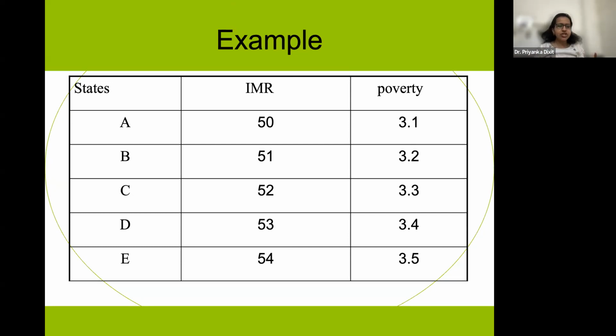It can be anything, like the number of times you have visited a temple, or how many children you have, 1, 2, 3, 4. Or how much time you spend on exercise, or how many marks you obtain in a particular subject. So when the variable is going to take a continuous value, a scale value, in that situation we can apply linear regression.